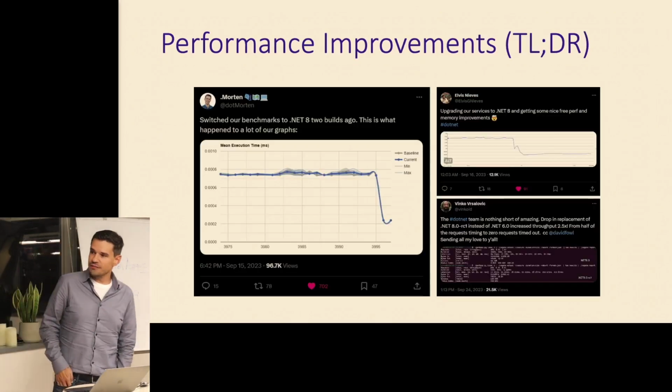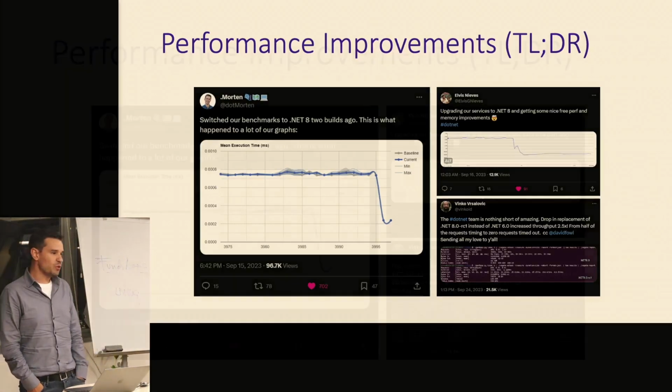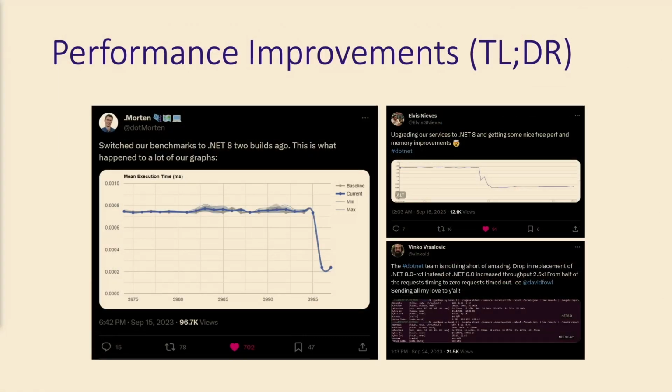And collectively, these improvements add up. We've already collected user reports from the wild, where simply by virtue of updating to .NET 8, they get substantial performance improvements. So it seems to me that this is going to be an important release from a performance perspective.